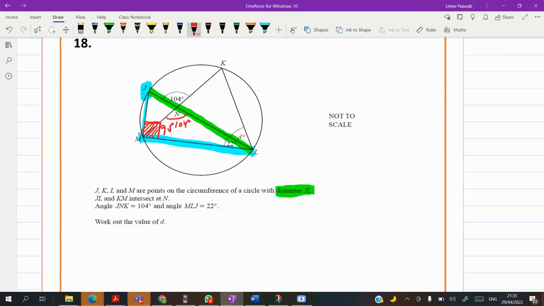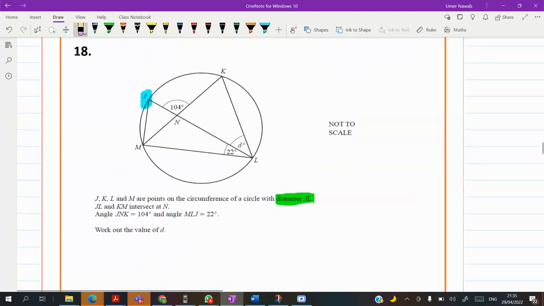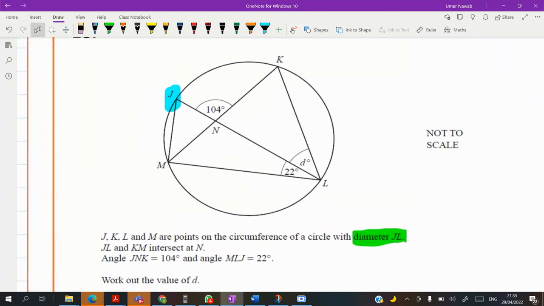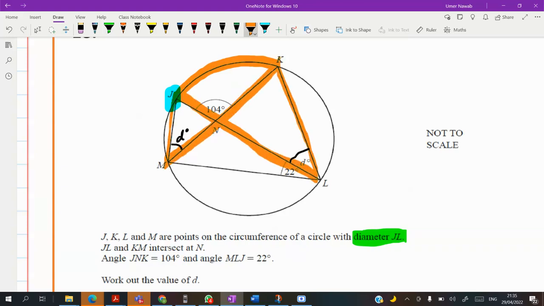Which angle do we want to find? We want to find angle D. So, my friend, if you want to find angle D, let's go step by step. How many marks does it have? It has 4 marks. Number 1, can I say if this is D, this is also D? Any objection? Because he has used this arc, making angle D here, and also it makes the angle D here.